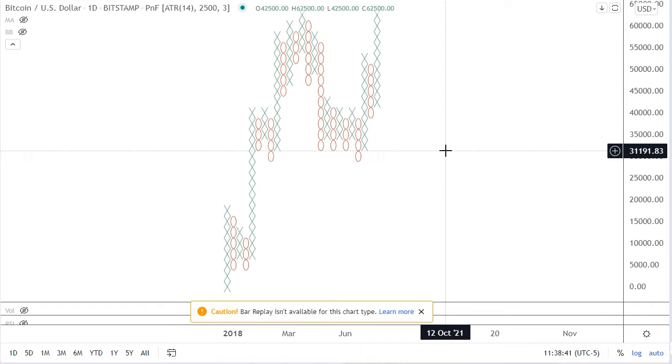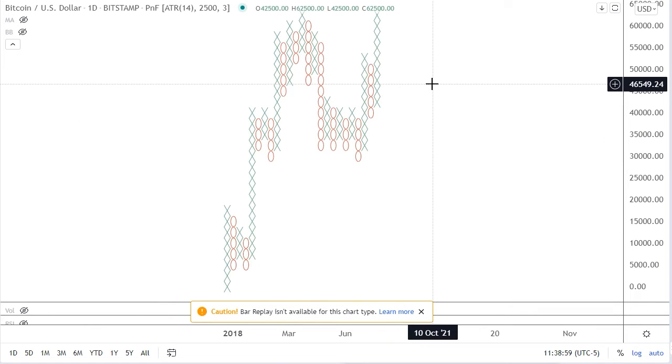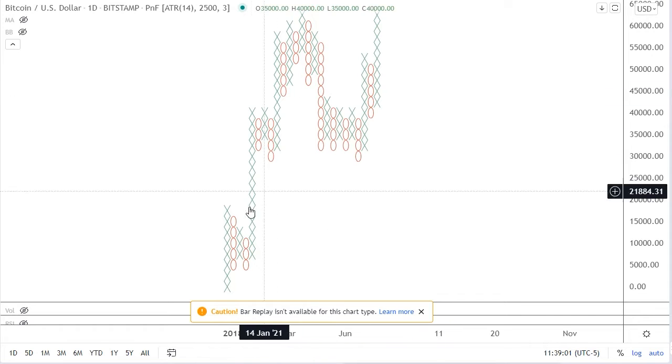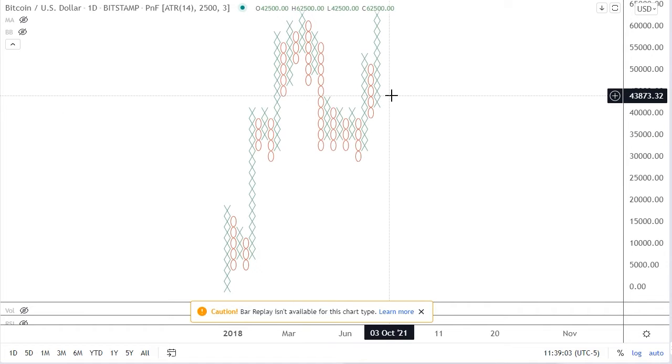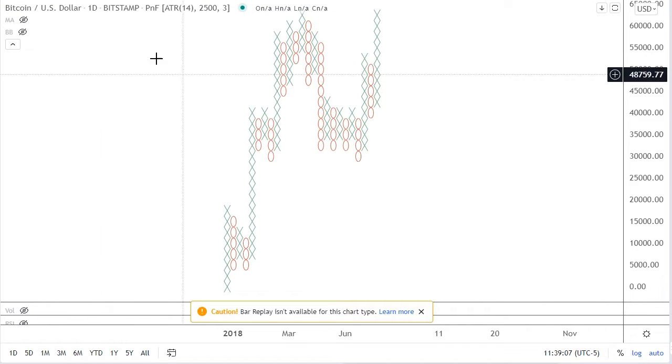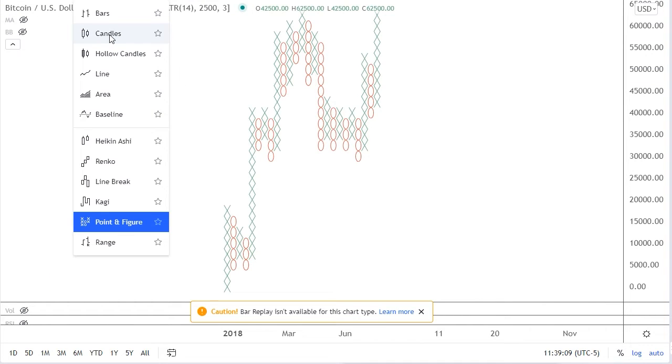Based on what they were hearing, they would mark and identify certain key price levels that were very important. The important thing to remember is that 100 years ago, they did not have access to every single price that was being run on the stock market at that time. Their chart would have looked something like this, and they would have had to draw this up themselves. They did not have fancy computers available to help them out.